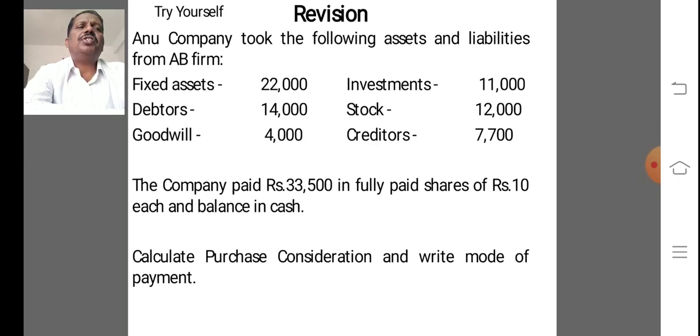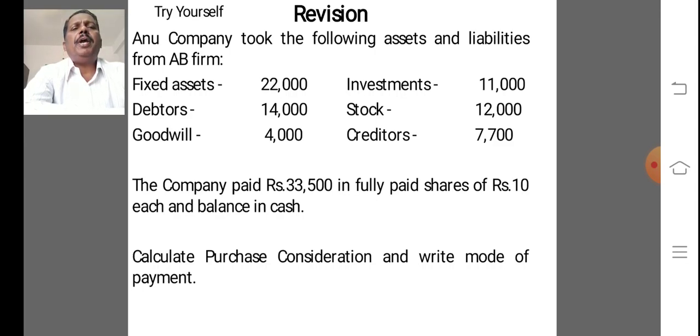So dear students, try yourself. Anu company took the following assets and liabilities from AB firm. Fixed assets 22,000, debtors 14,000, goodwill 4,000, investment 11,000, stock 12,000, creditors 7,700.